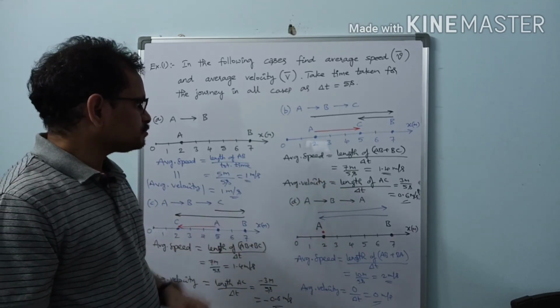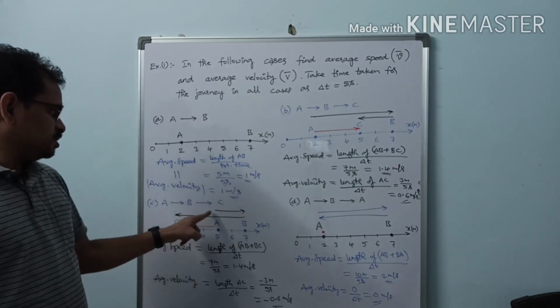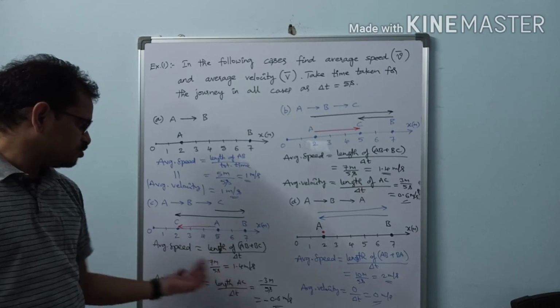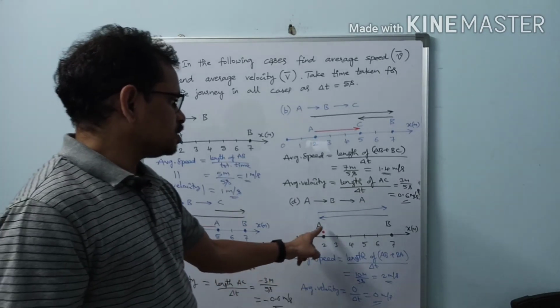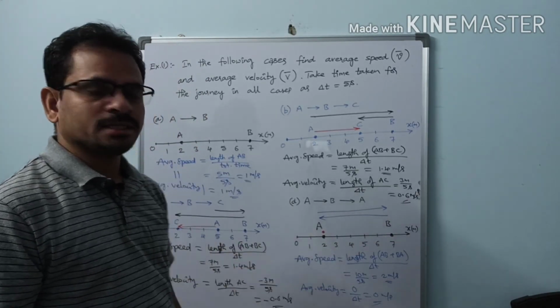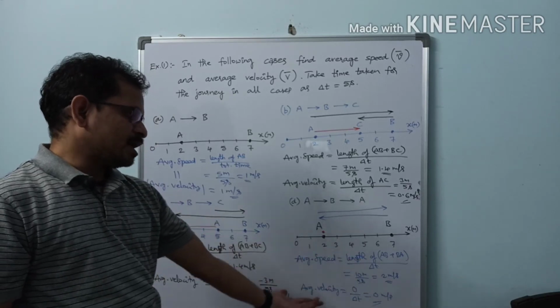So here also, the direction is first towards right, then towards left. In this case also, we got two different values for average speed and average velocity, so they are not equal here. Motion is in a straight line, but two directions are there. We got two values: average speed 2 meters per second, and average velocity 0.